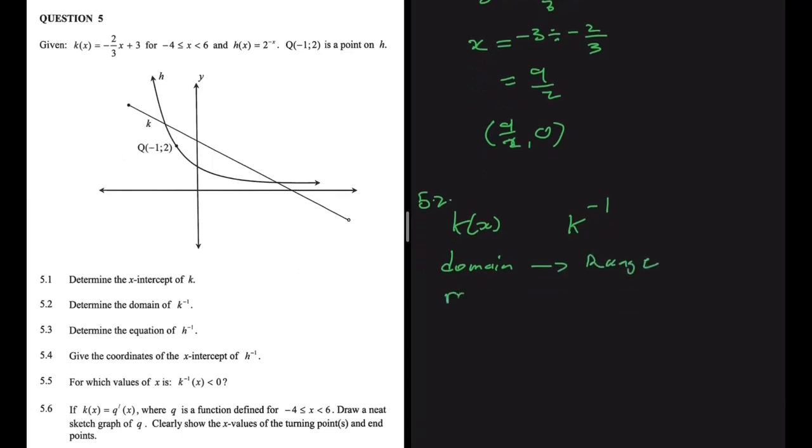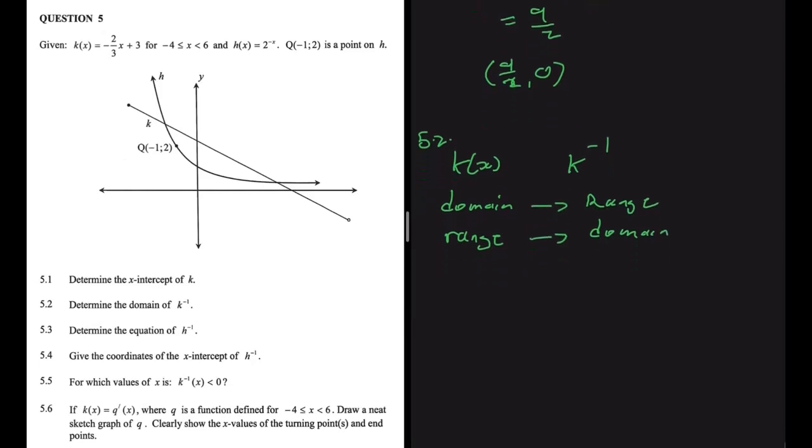And then the range of k of x, as you would now expect, is equal to the domain of k inverse. This works for all functions and their inverses, right? Not just for this particular case. So here we're given the domain of k of x, but we're looking for the domain of k inverse. So let's use the domain of k of x to find the range of k of x, because we know that the range of k of x will be the domain of k inverse, right?